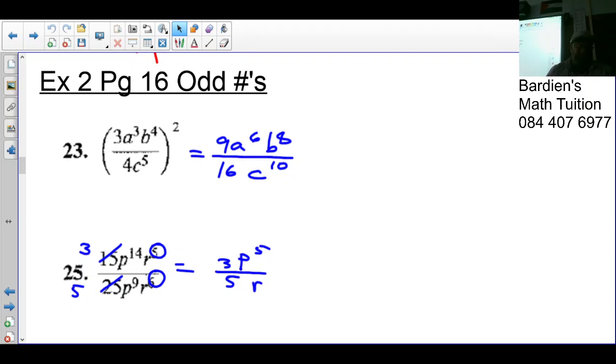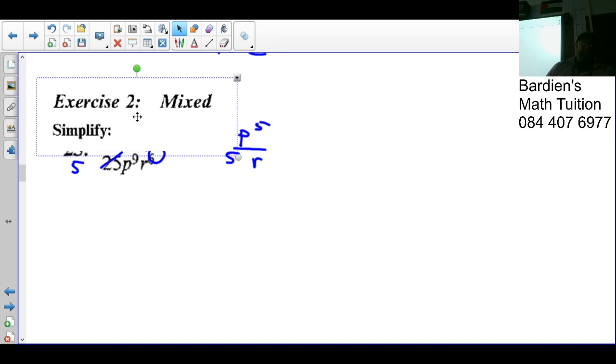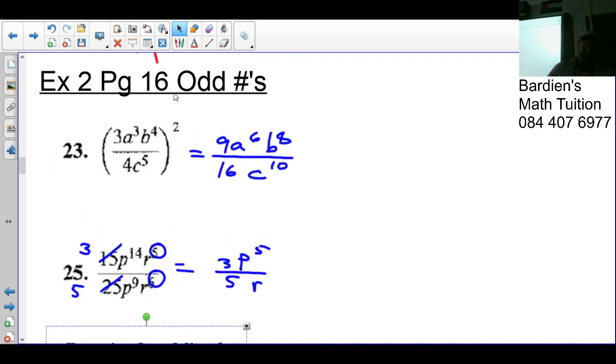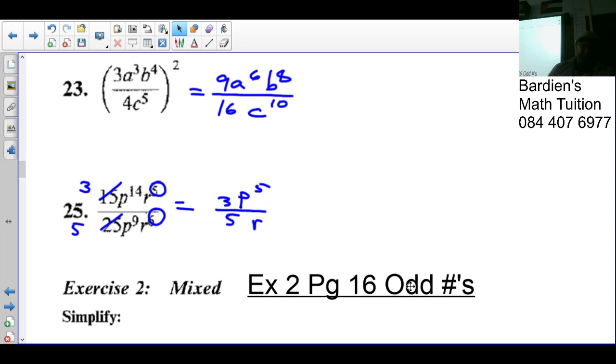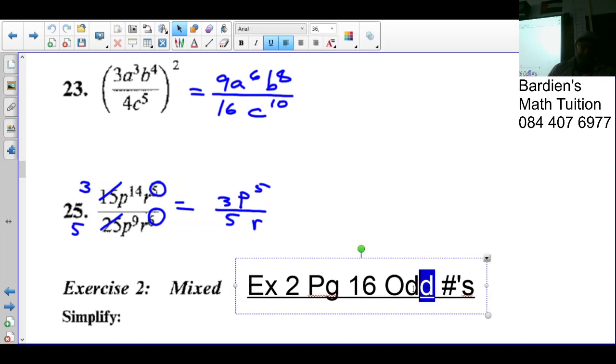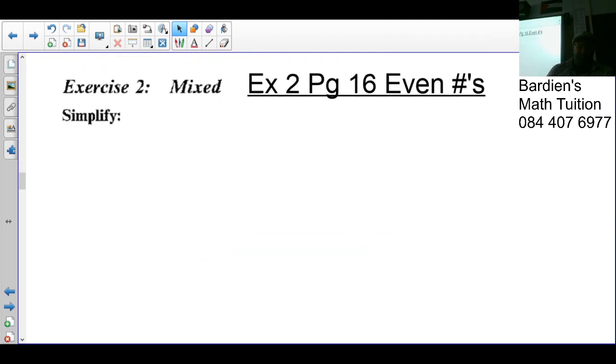Page 16. I'm going to cut all the odd numbers out.